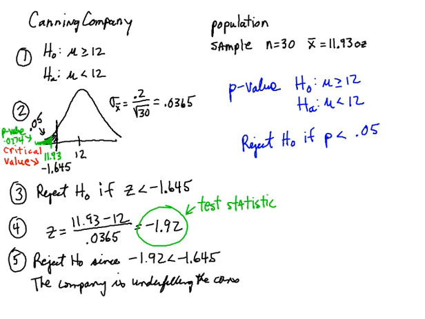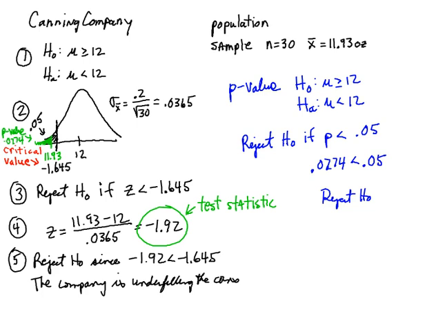That's the probability of getting anything less likely than the 11.93 if the 12 is the actual population average. And that's pretty small. So in running the test there, I have 0.0274 is less than 0.05, and reject H sub 0 and draw the same conclusion. The company is underfilling the cans.